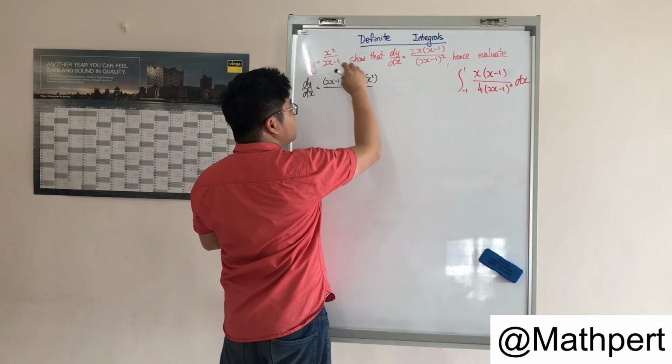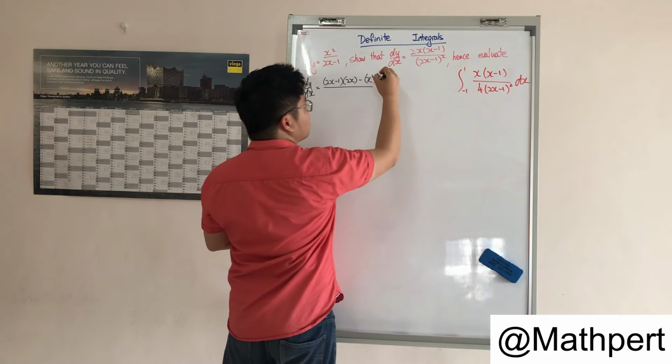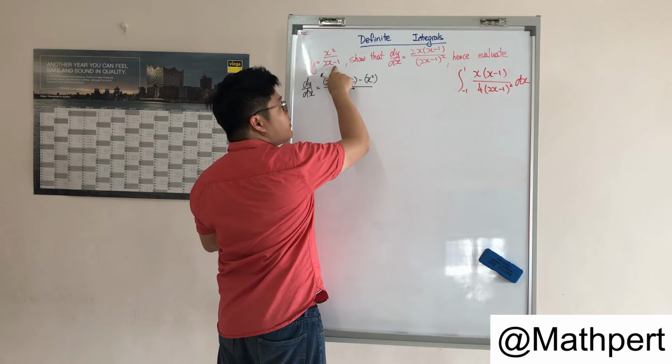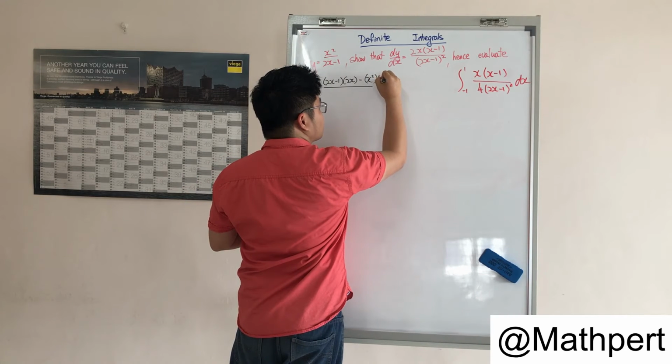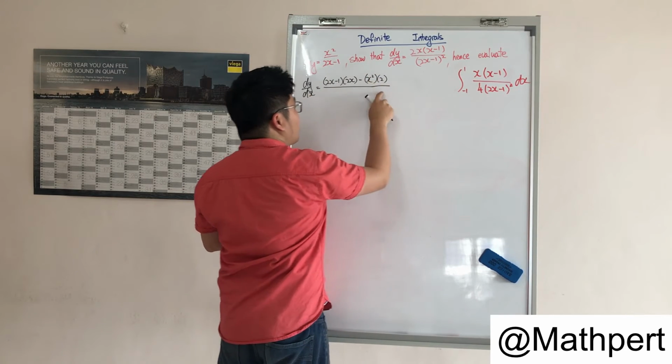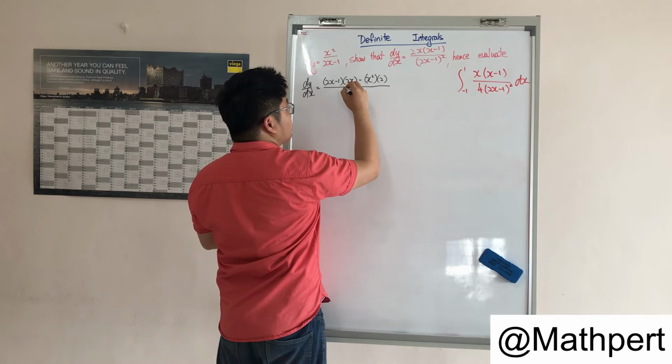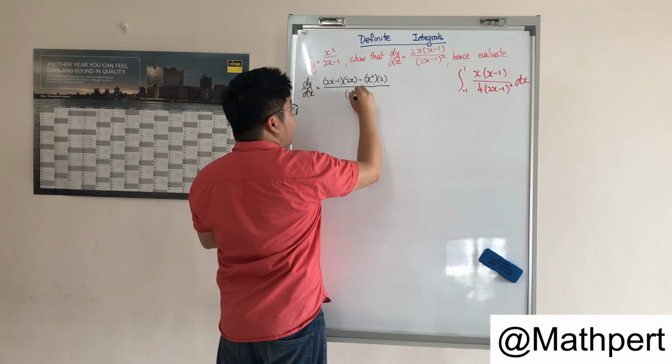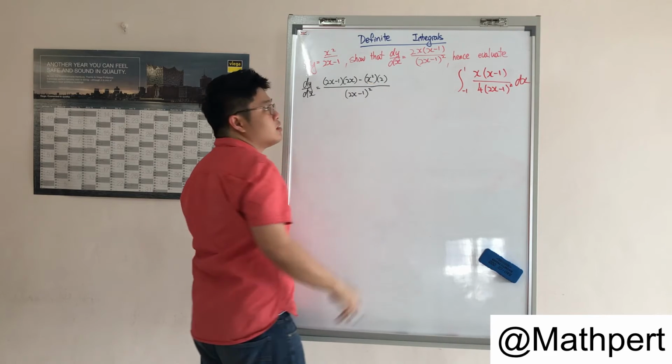Keep this one as numerator. Then we differentiate this one, we get 2. So the denominator will be (2x minus 1) squared.